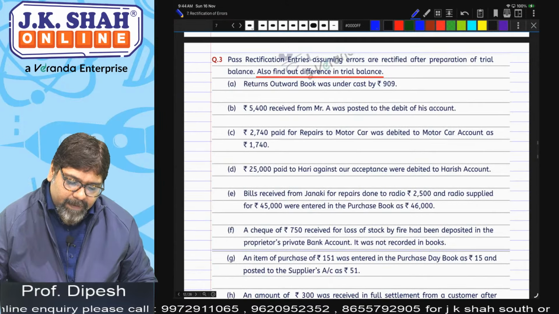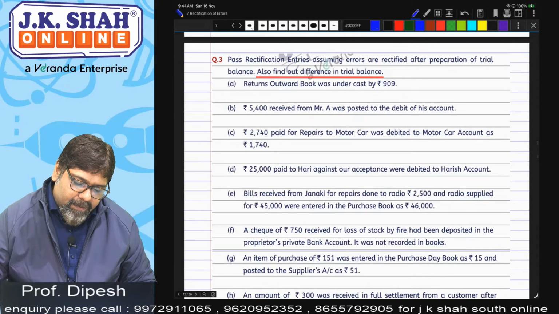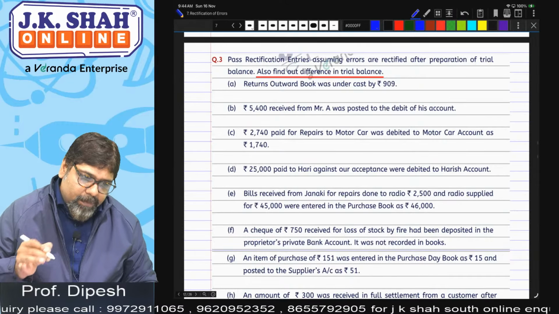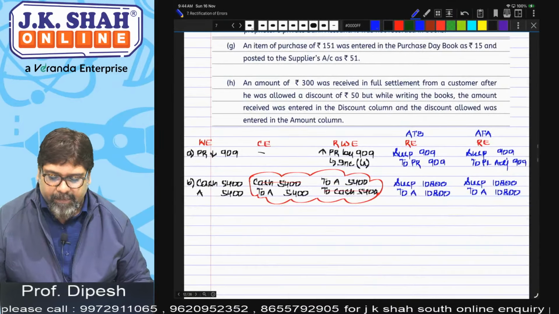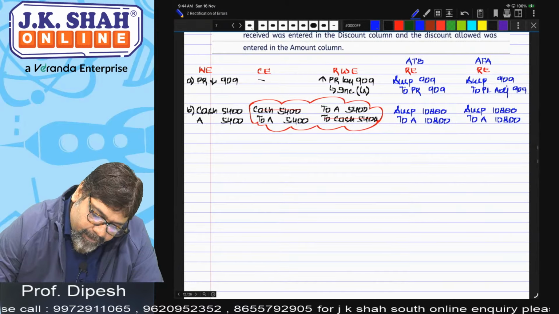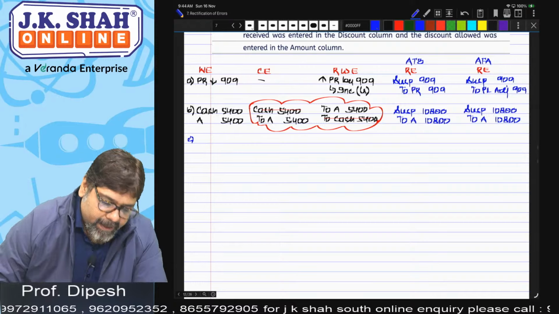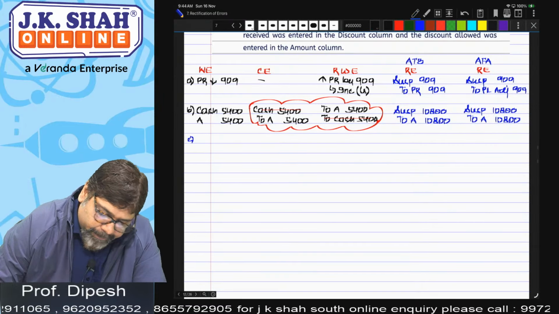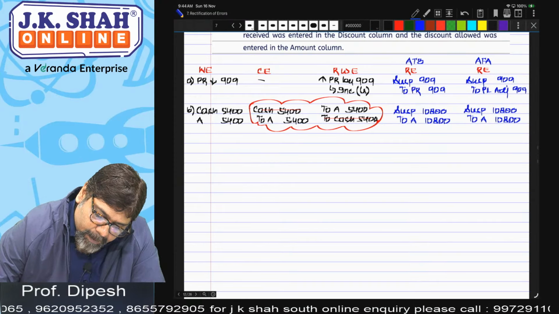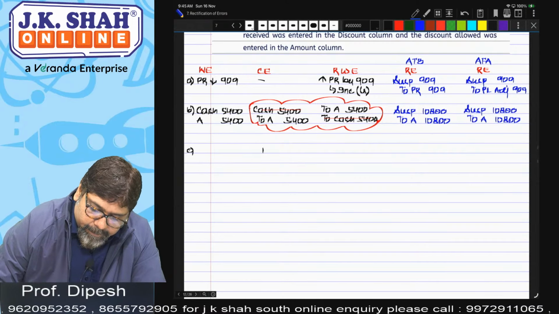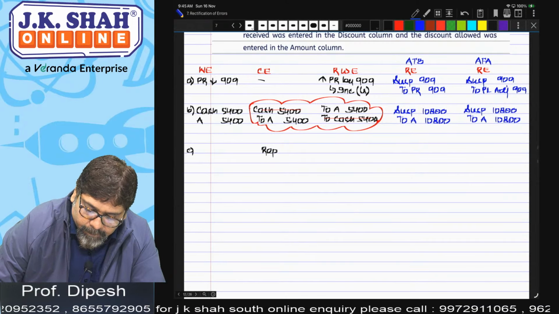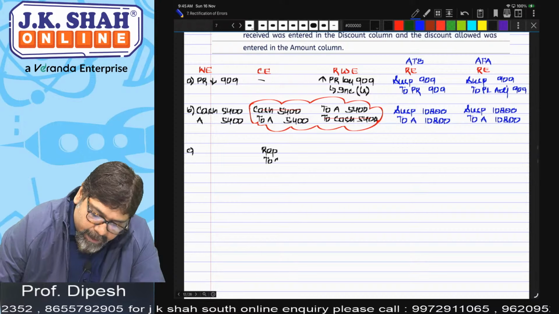Rupees 2,740 paid for repairs to motor car was debited to motor car account as 1,740. See. Repairs 2,740 to cash, the correct entry.